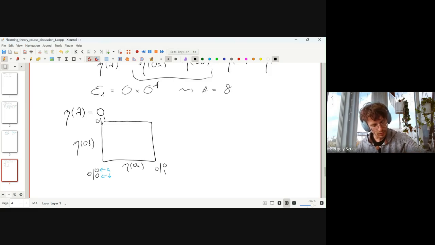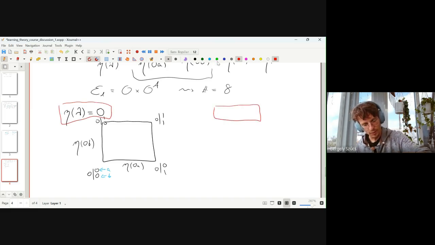This is 0, 1, 0, and 0, 1, 1. So this is what we have on the 0 side of things. And then if we look at the other side, when the initial observation is 1, we again get a square.